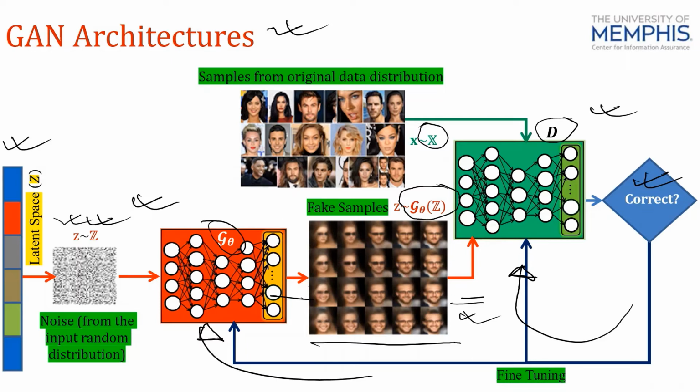Again the discriminator will continue judging the fake samples against the original, and again it says whether it is correct or not. If it says correct, then everything stops. If it says no, then the fine tuning continues. That means again the readjustment of the weights of the discriminator as well as the readjustment of the weights of the generator, and this process will continue until convergence.